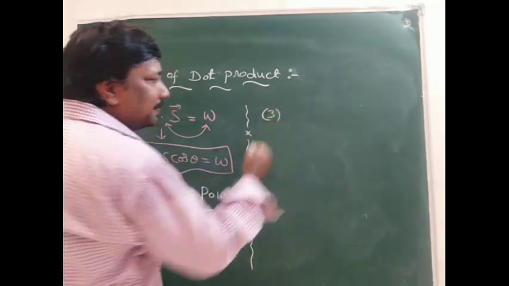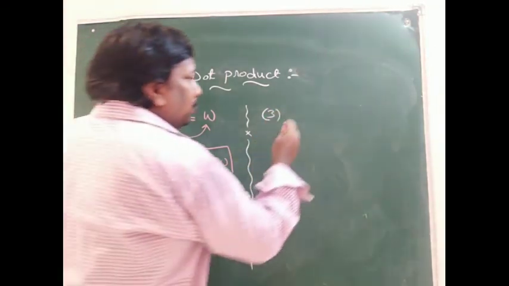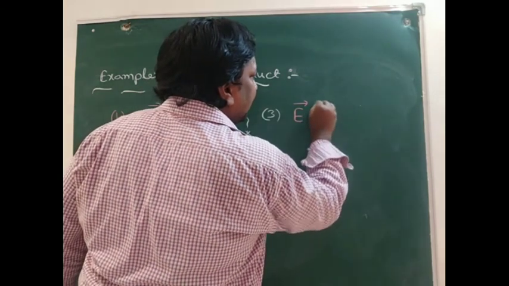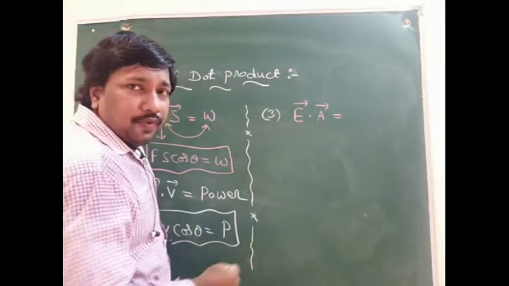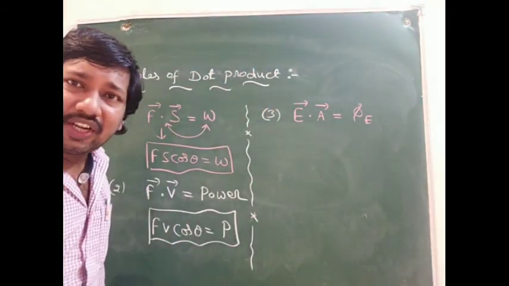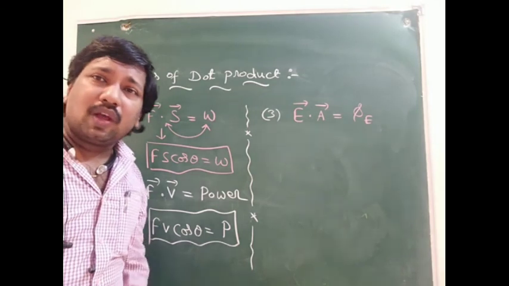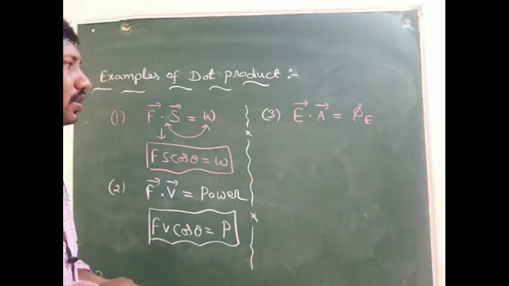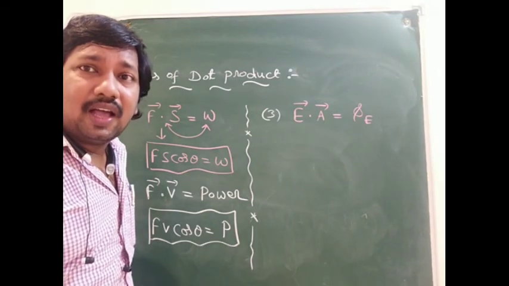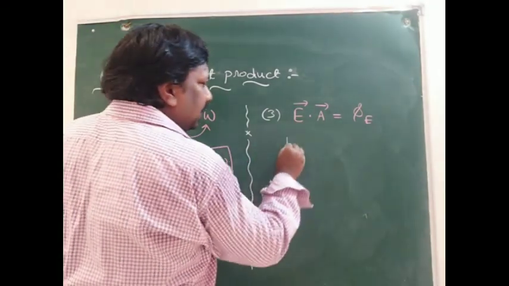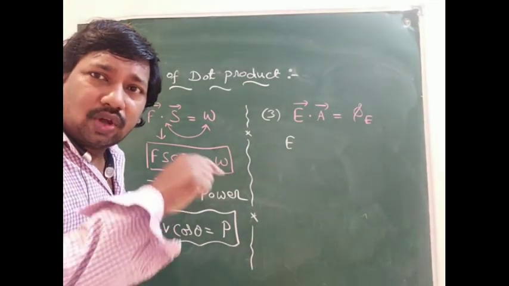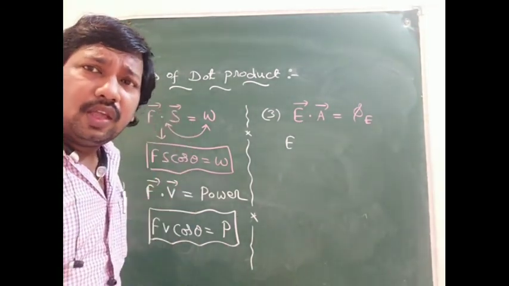Next, example number 3. The dot product of electric field intensity and area vector gives electric flux. Electric flux is a scalar. In this situation, E bar dot A bar, where E bar is the electric field intensity, also a vector, whose direction is along the direction of the electric field.